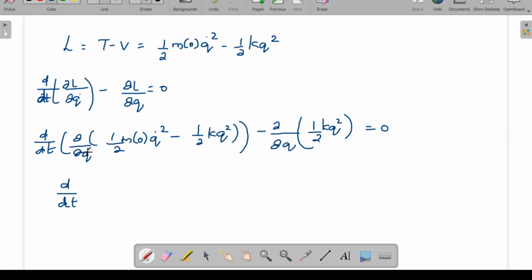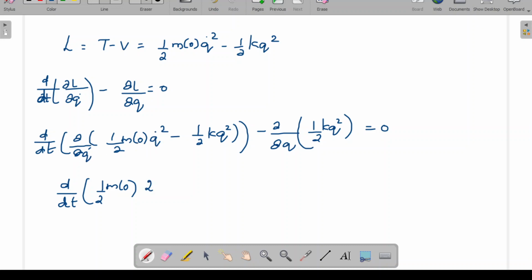Now d by dt of the derivative of this term with respect to q dot. There is no q dot in the second term, so the derivative of that term with respect to q dot becomes 0. So this expression becomes half m0 into the derivative of q dot square with respect to q dot.